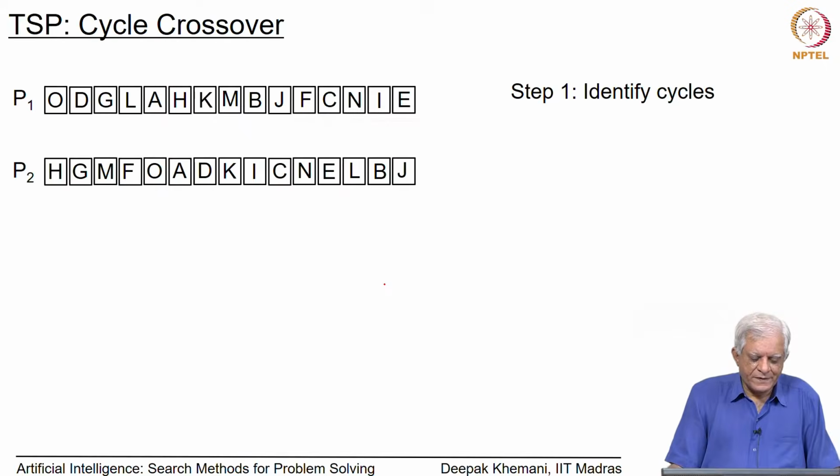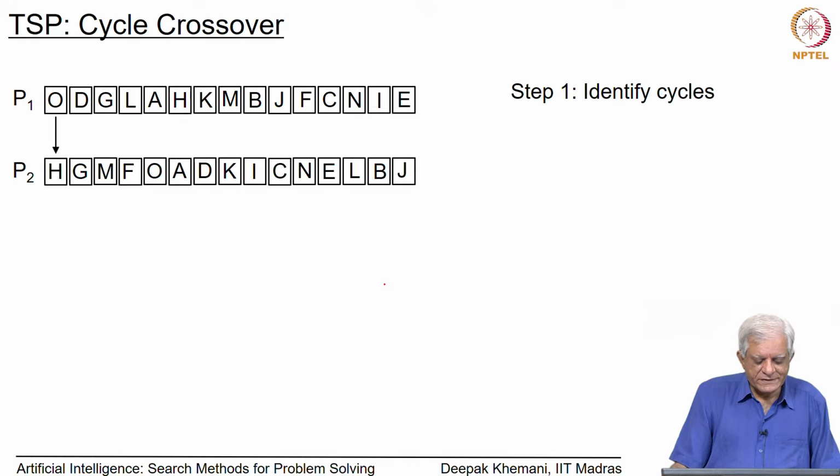Okay. So, here is something called a cycle crossover, and the process works like this: given these two parents, which are the same parents that we looked at for single point crossover, you first identify cycles. The cycles are identified by a process where you start with the city O, and you look at the city in the corresponding position in the second parent, and you can see that that is city H. So, we have started constructing the first cycle.